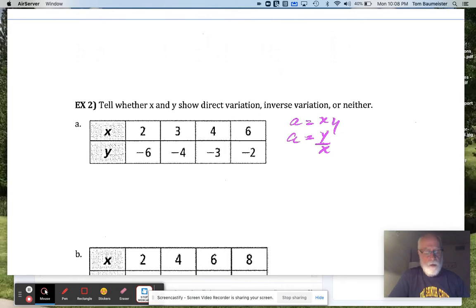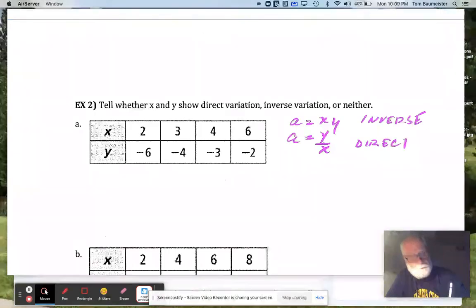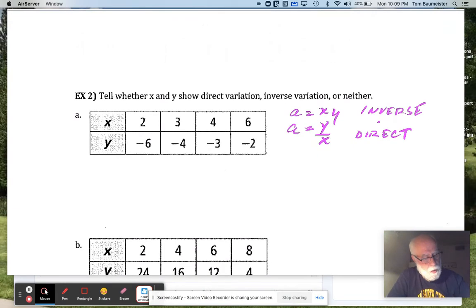If we can answer yes on the first one, that'll be inverse. And on the second one, if we can answer yes, that one would be direct. So that's what we're going to try to do here. On the first one, we're going to say x times y. And I'm just going to do this here for you.